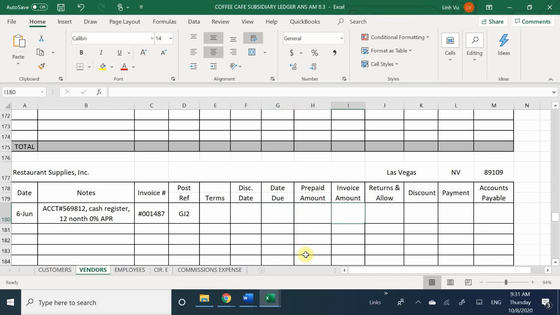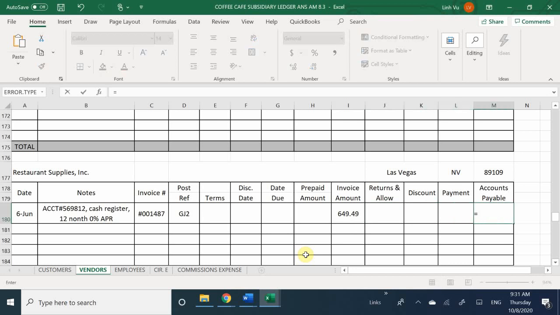Of course, I paid this in store, so I didn't make any advance payments. My total invoice amount was $649.49. Okay? Did I have returns and allowances, discounts? No. And did I pay it yet?